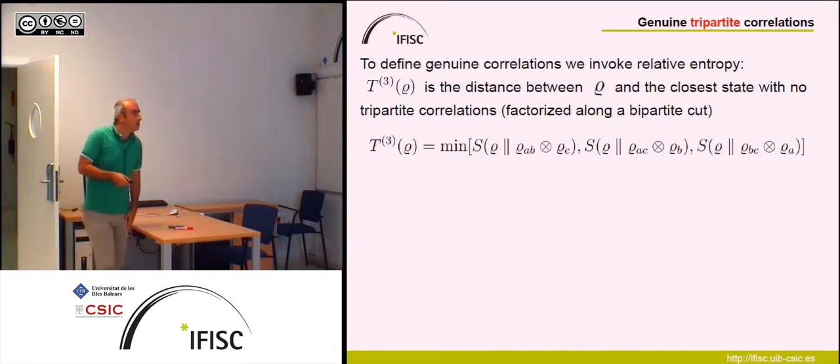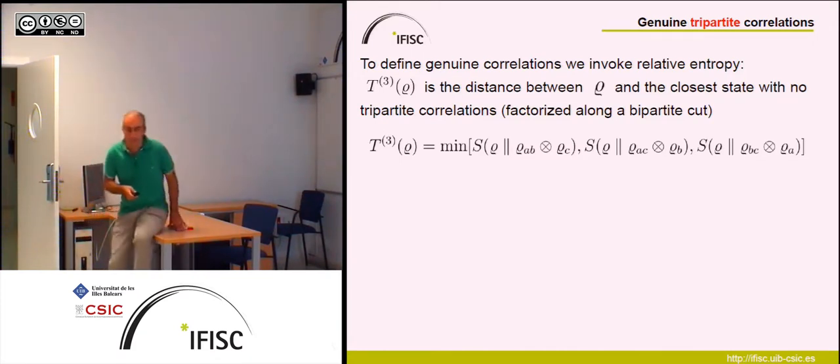So, as I said before, I want to invoke the relative entropy to find a definition of Tn. From now on, I will speak only about the tripartite case, 3 parts, 1, 2, 3, and only at the end I will give some more general result for more than 3 parties.